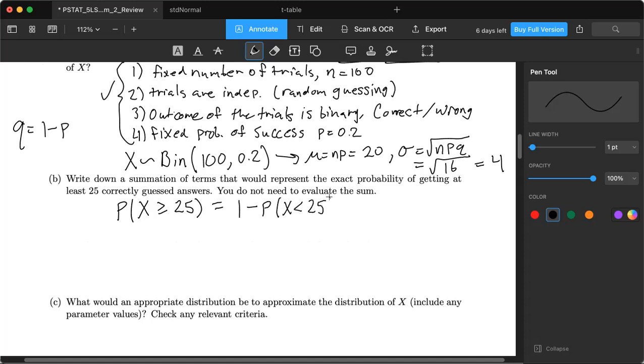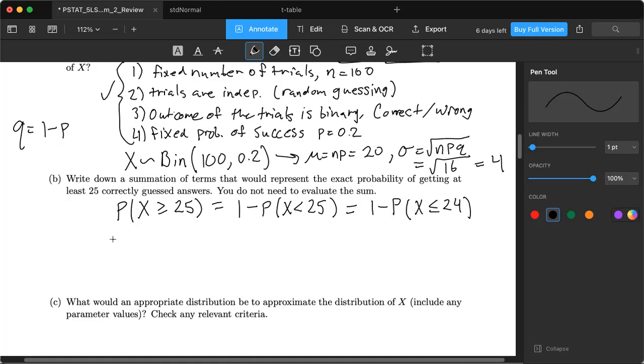So 1 minus the complement. This is a discrete random variable. X is binomial, it's discrete. So this is 1 minus the probability that X is less than or equal to 24. And that's because X can only take on integer values. It can be 0, 1, 2, 3, 4, and so on. So being less than 25 means it's less than or equal to 24.